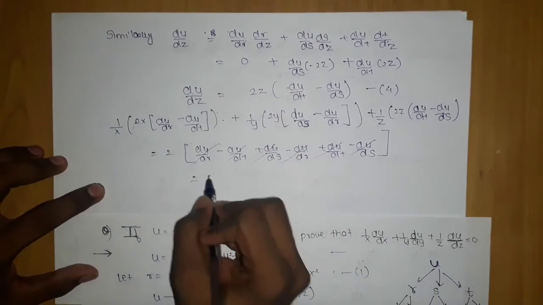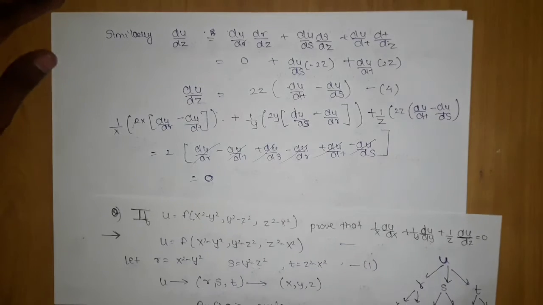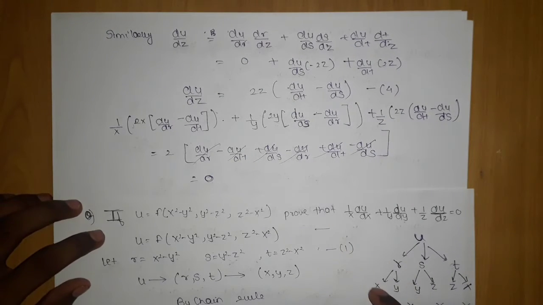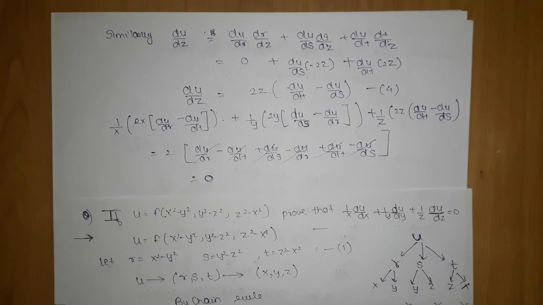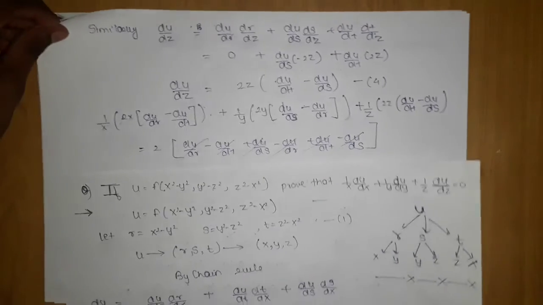All are cancelling out and giving you answer 0. So we have proved the first question, which was proving 1/x ∂u/∂x plus 1/y ∂u/∂y plus 1/z ∂u/∂z equals 0. Now let's proceed further.